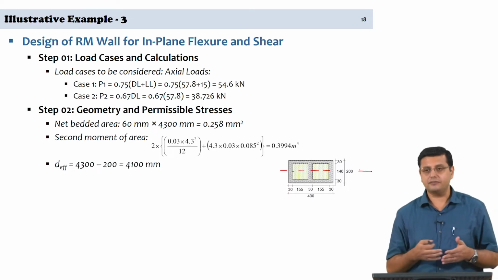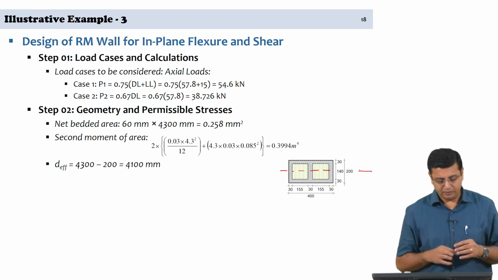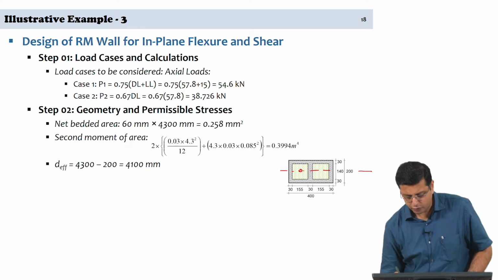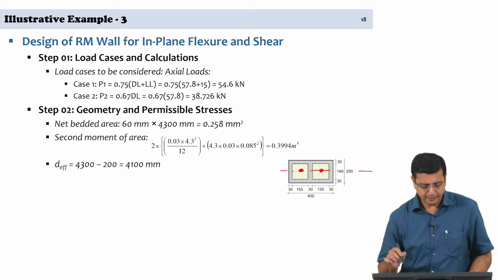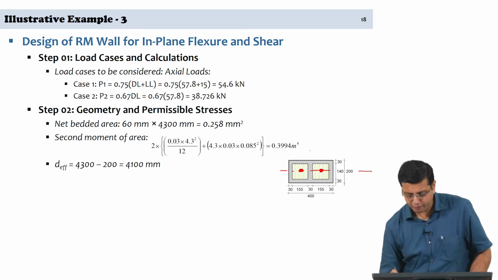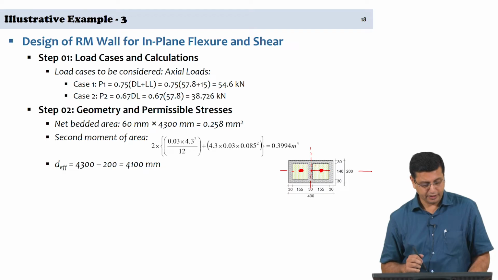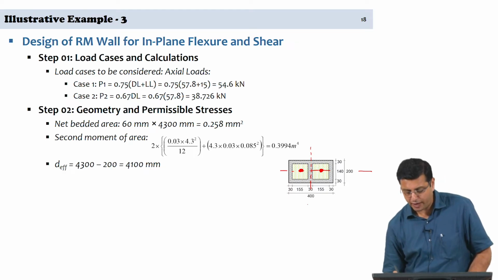We need the effective depth calculation for in plane flexure. So, let us assume steel reinforcement is going to be placed at the two voids that are present in a block, and therefore, the centroid of the reinforcement can be considered to be in the middle of the two reinforcement bars, and therefore, that is 1/2 of the block.